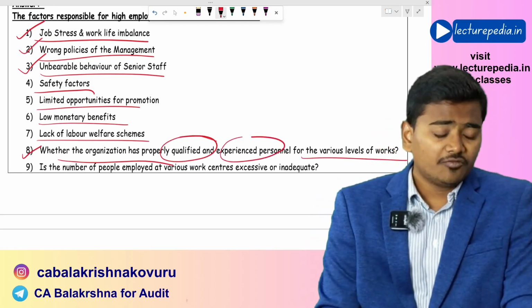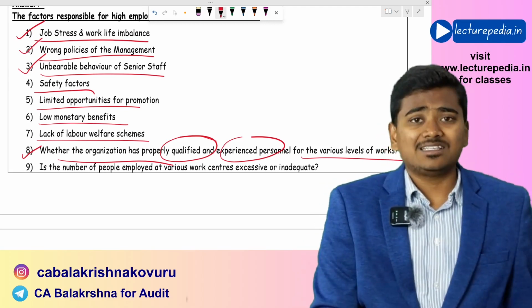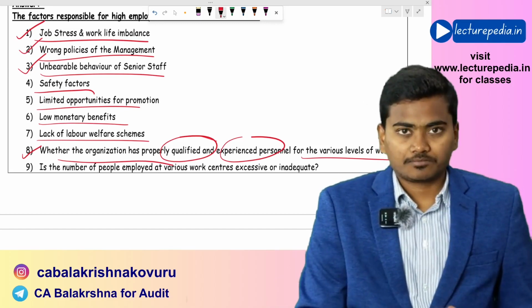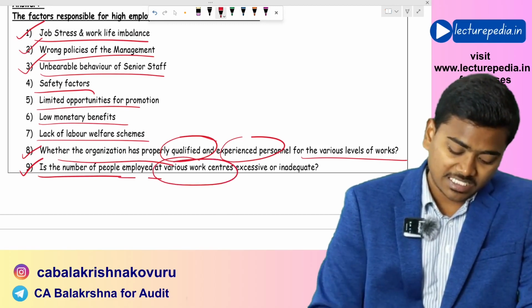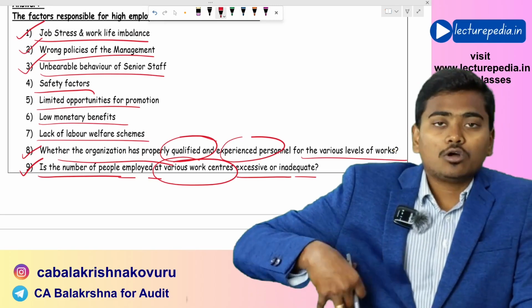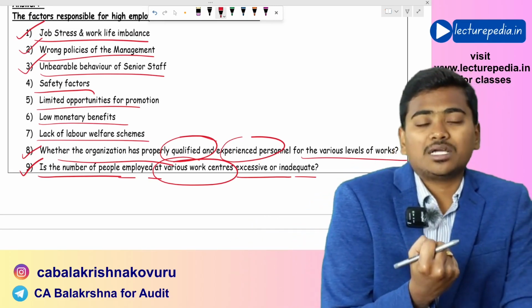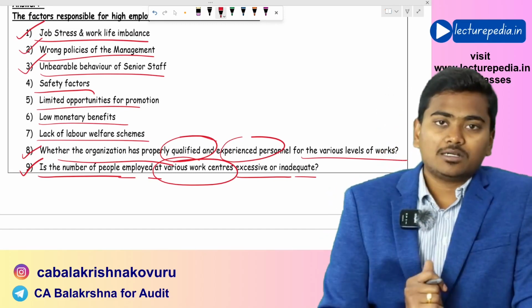See, if you don't hire proper staff, then the existing staff might feel burden of work. The next point is that only, is the number of people employed at various work sectors excessive or inadequate? Okay, if there are no proper staff in the organization, then the existing employees might feel burden of work, and due to this, they might decide to leave the company.